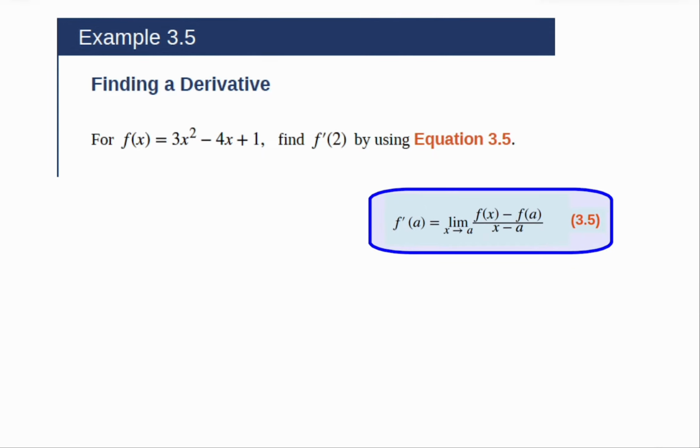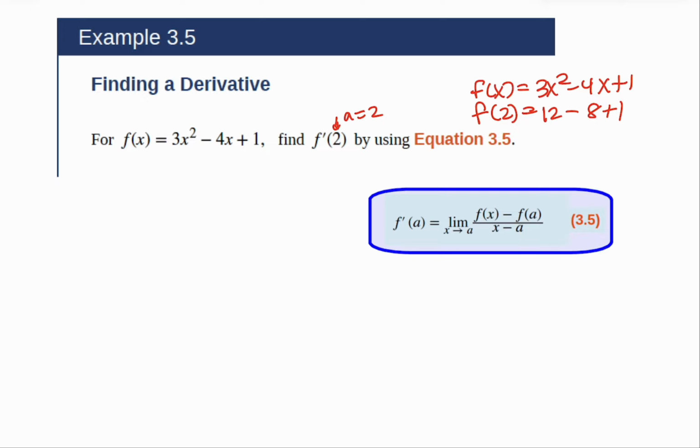So let's practice some more of the things we did yesterday. Now what does this mean? Well, this means our a is going to be 2. Let's think about what f of x is. Well, that's just 3x squared minus 4x plus 1. What is f of 2? Well, 3 times 2 squared is 3 times 4, or 12. 2 times 4 is 8.